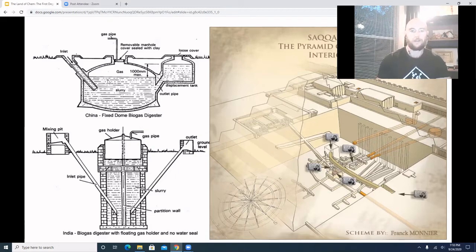And part of the overall theory and, again, the bigger picture that I wanted to paint within the narrative of the land of Chem is that this ancient society was well versed in chemistry. Chemistry was the predominant science of this ancient civilization, and they would have utilized their knowledge, again, in these massive industrial scale structures to make these chemicals.